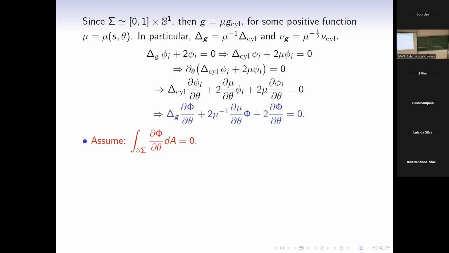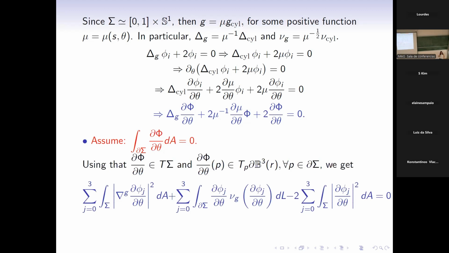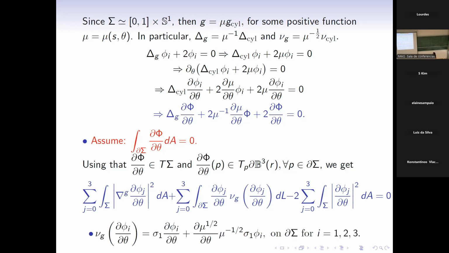Okay, and here, well, we have to do some computations. Here is basically doing the second variation of energy applied to this vector field here. So we do some computations, I'm hiding them here, of course. And then this derivative here, we do the same trick. And here is where it shows up that we are using that they are sigma 1 eigenfunctions. Okay, so they show up here.